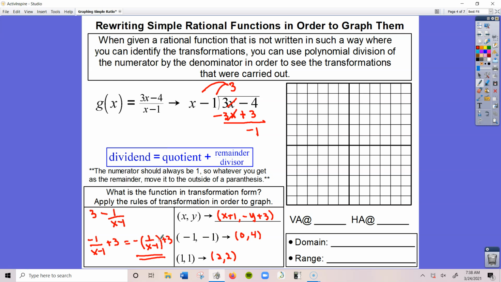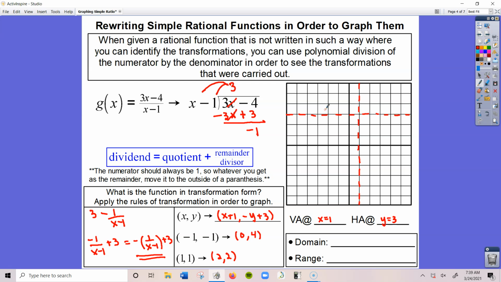Now, before I plot, I'm going to also get my vertical and my horizontal asymptotes. My vertical asymptote is that x is equal to 1. And my horizontal asymptote is that plus 3 at the end, so y is equal to 3. I'm going to go ahead and sketch these asymptotes just like we've been doing. We have x equals 1 and y equals 3.